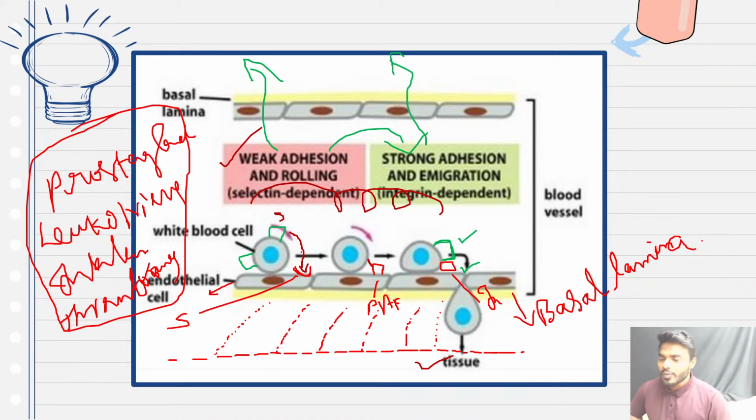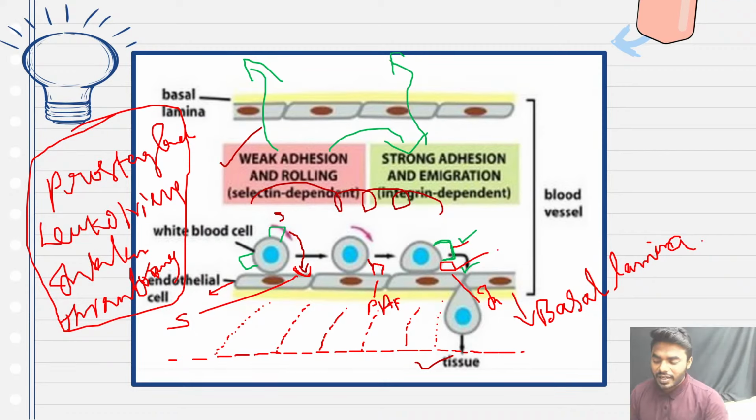But when the WBC associates with the selectin, the interaction is the weaker adhesion. That's why it keeps on rolling. During the process of rolling, this particular WBC will go and associate with the platelet activated factor. When they are associated with the platelet activated factor, immediately what is going to happen, friends? The platelet activated factor stimulates the integrin and its receptor interaction.